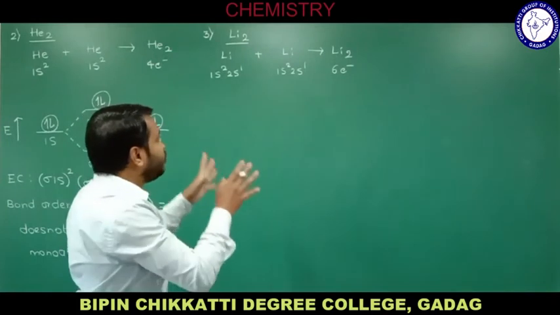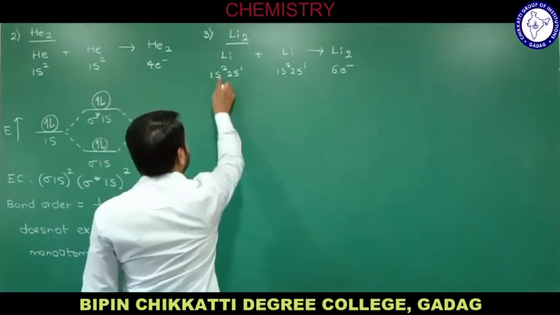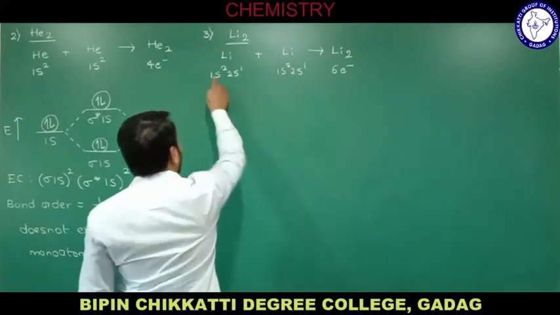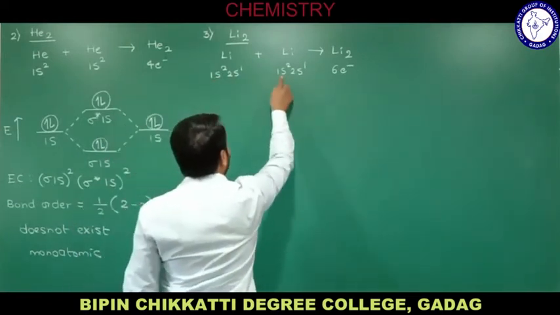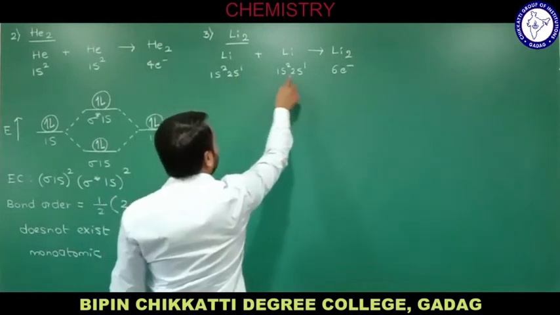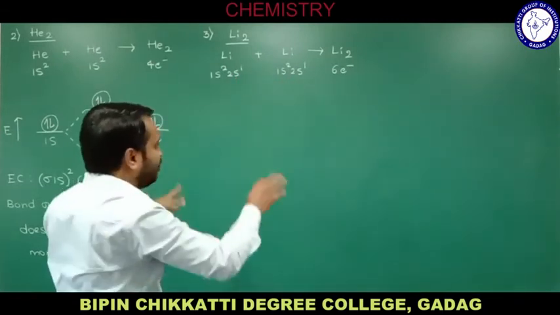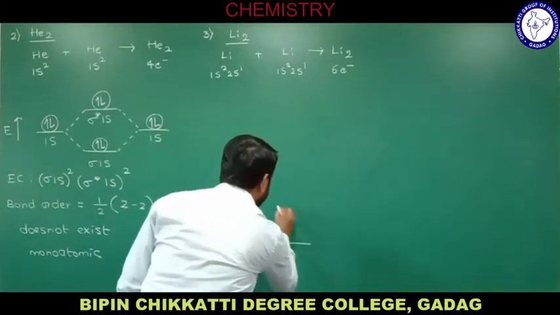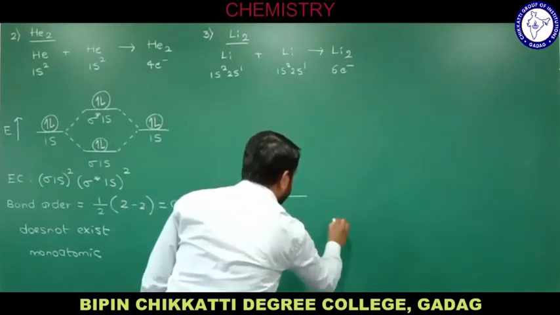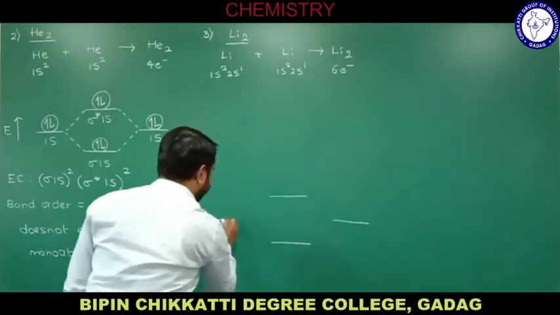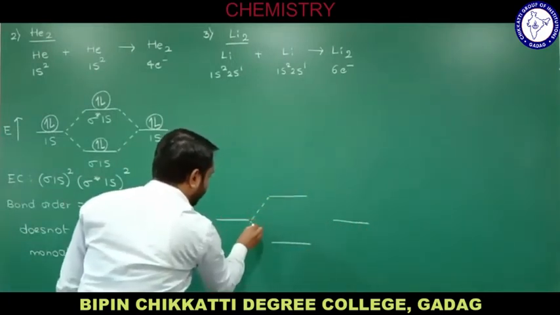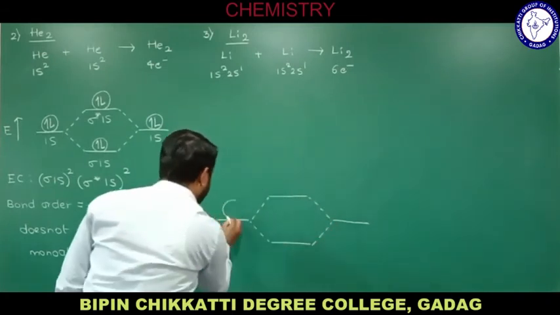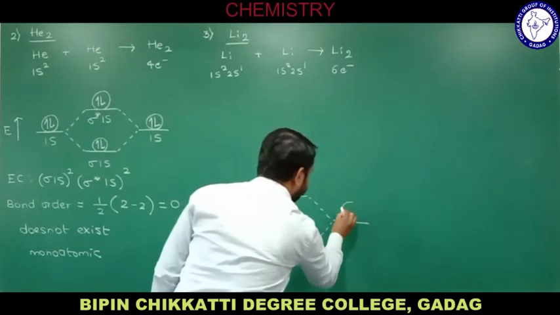What are the atomic orbitals involved? 1s2 and 2s1 here, and here also we have 1s2 and 2s1. 1s atomic orbital combines with 1s atomic orbital, 2s atomic orbital combines with the 2s atomic orbital. So let me draw the energy level diagram of that. Here, this is for the 1s atomic orbitals.